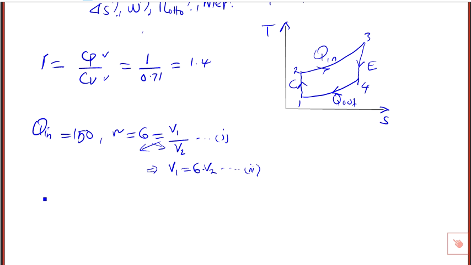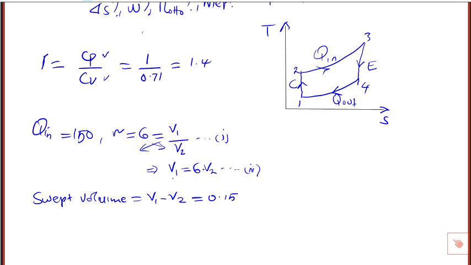Since swept volume is given by V1 minus V2, and from the question we were given that the swept volume is equal to 0.15 meters cubed, I can substitute my equation 2 here.